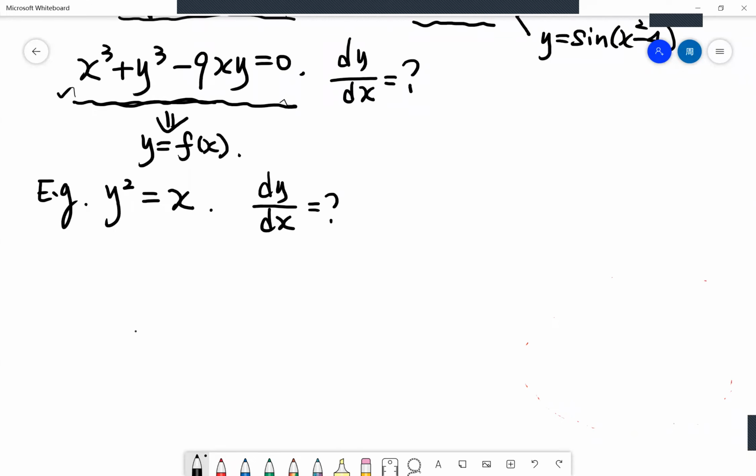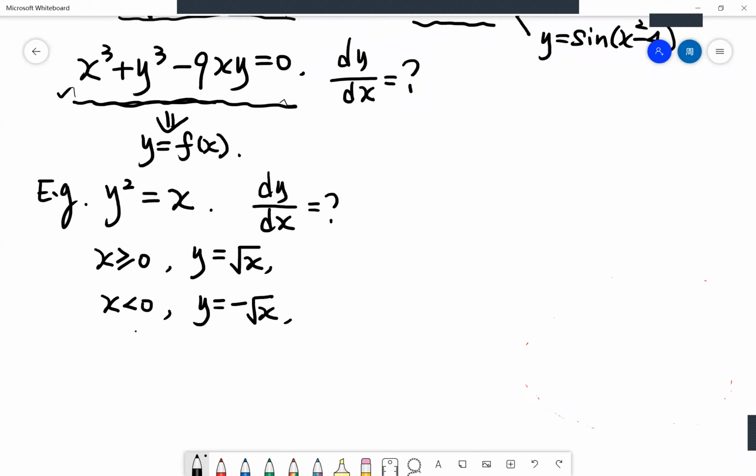The first way, a direct way: if x is larger than or equal to 0, then y equals the square root of x, and if x is smaller than 0, then y equals minus the square root of x.